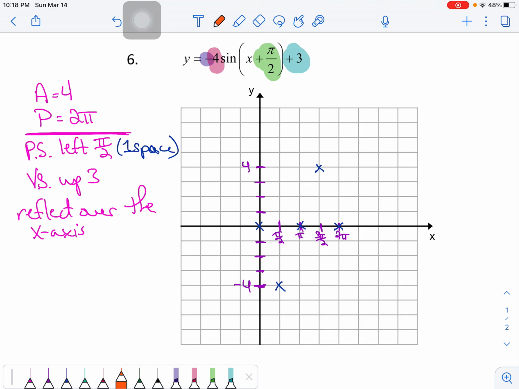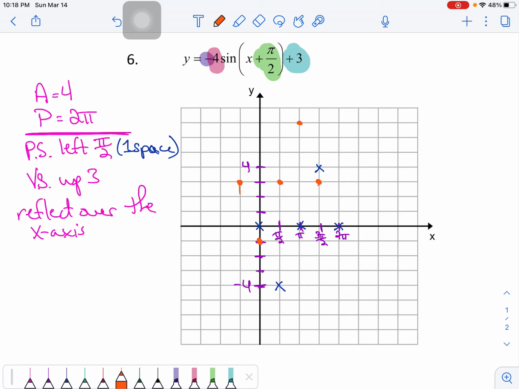I'll go orange, I guess. So left 1, up 1, 2, 3. Left 1, up 1, 2, 3. Left 1, up 1, 2, 3, and again for the remaining points.